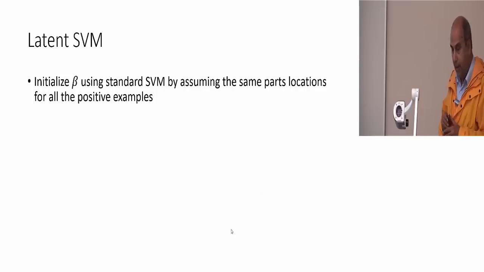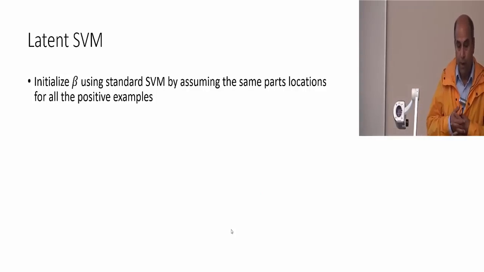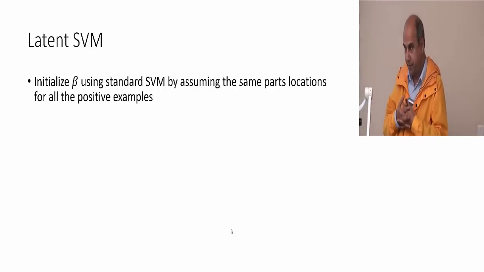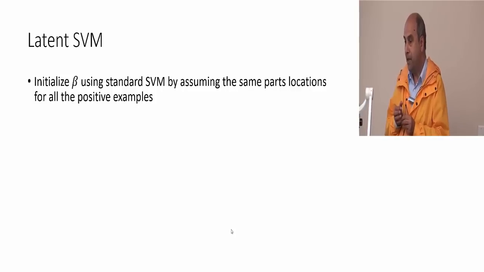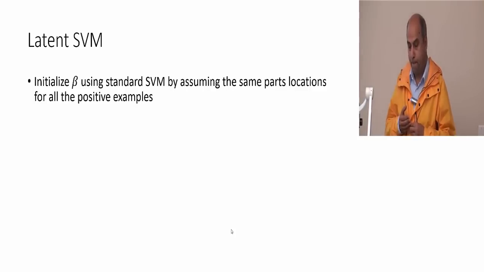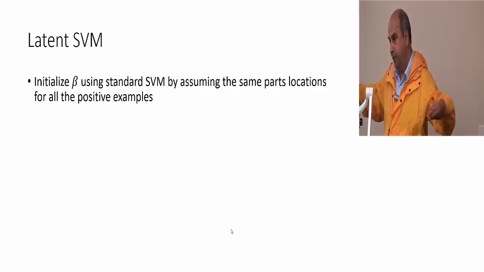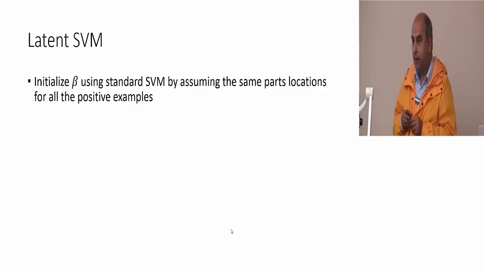So the latent SVM works this way: we initialize beta using a standard SVM as you have done. Beta means the root filter, the part filters, and the deformation, that whole beta vector. So we want to compute that.